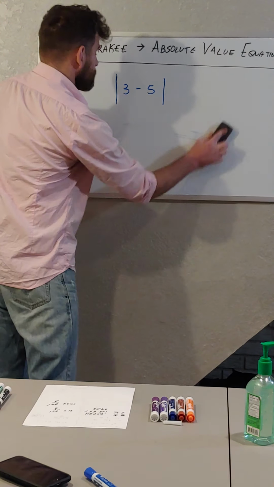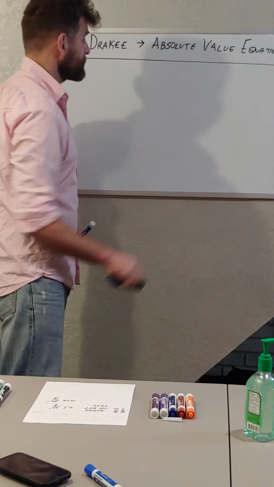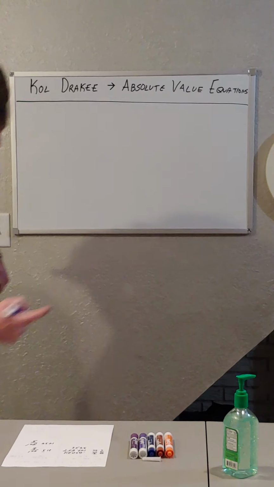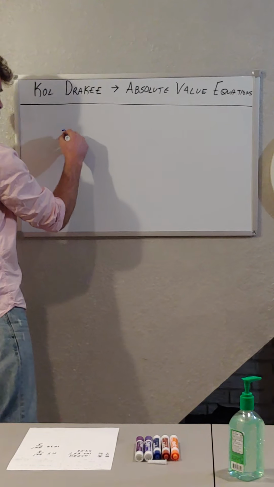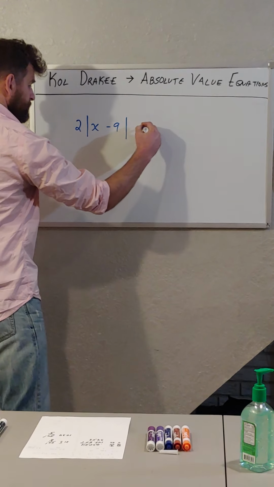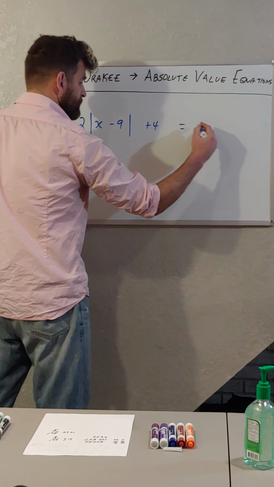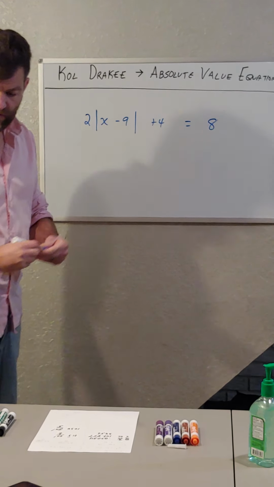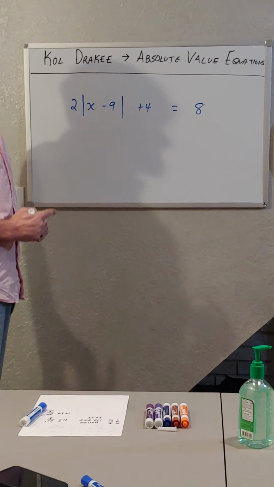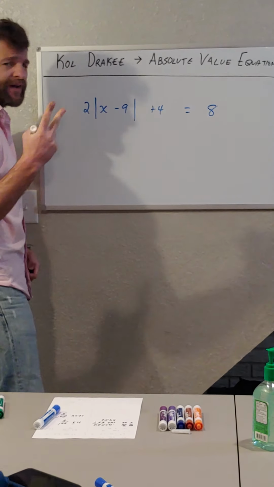Okay, now we're going to convert this topic over to absolute value equations. And we've got an example right here. Okay, so to solve absolute value equations, there's really 2 steps that you have to remember.